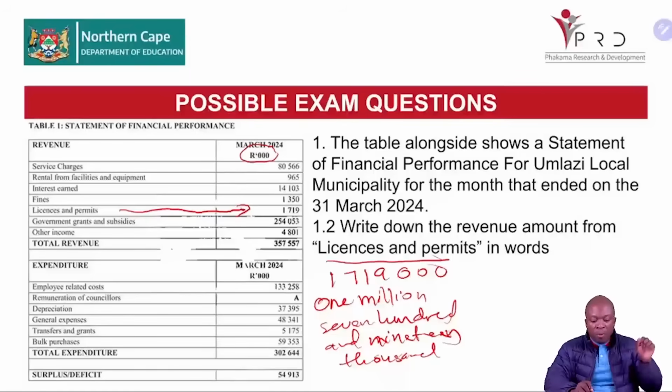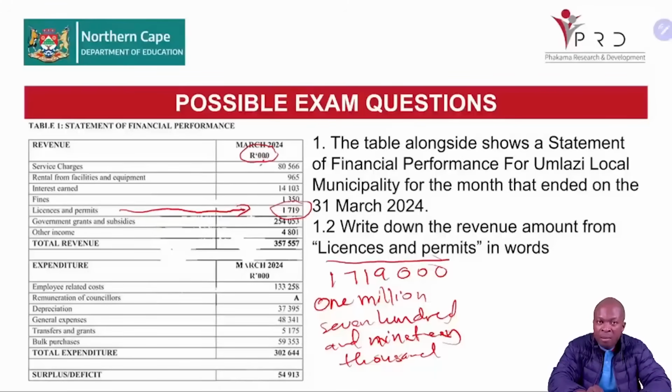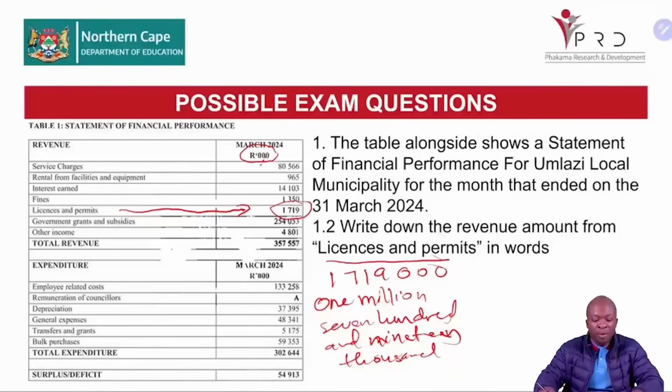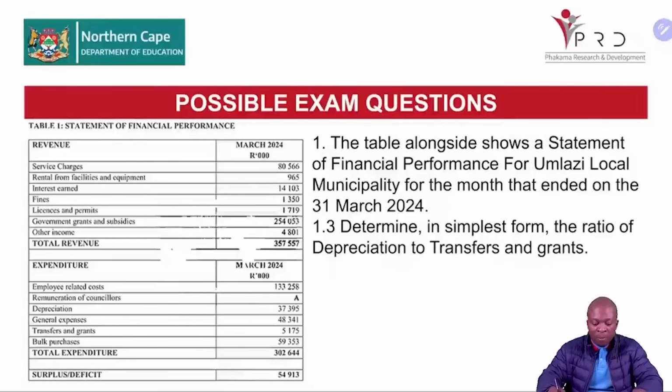So you wrote 1,719,000, but the clue is that it is 1719. Do not forget to read the heading, because sometimes the examiner will say the amounts are in millions, or they are in hundreds, or they are in thousands. So in this case, they are in thousands. That's why there are 3 zeros attached to it. So this is how you will respond to that question.